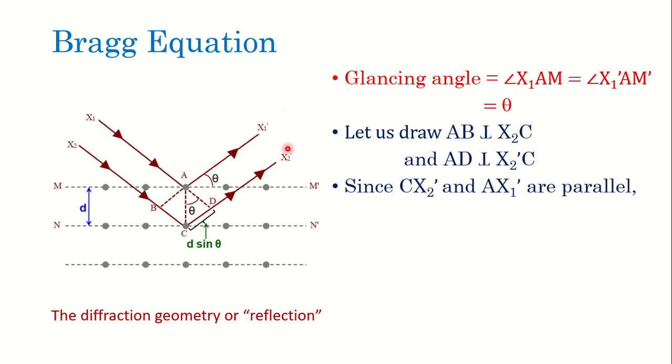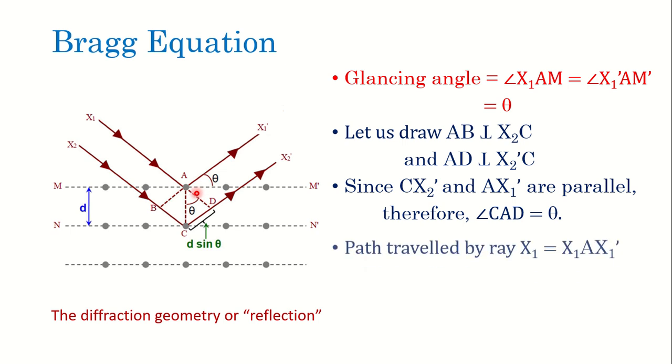Since CX2 prime and AX1 prime are parallel, therefore angle CAD is also theta. So if this is the glancing angle, then this is also the glancing angle theta, because this angle is 90 degrees as well as this angle is also 90 degrees.